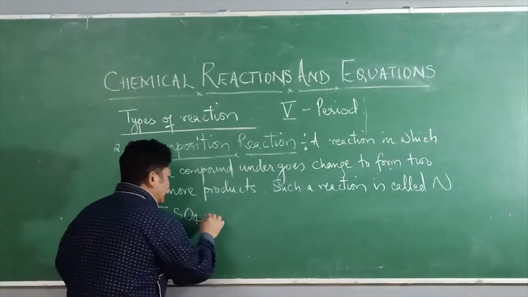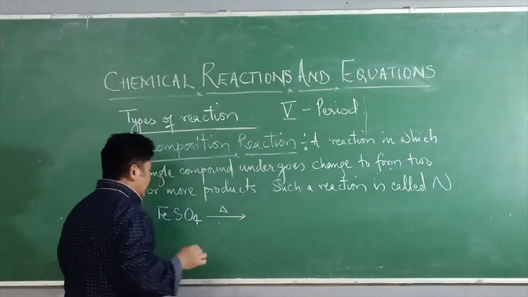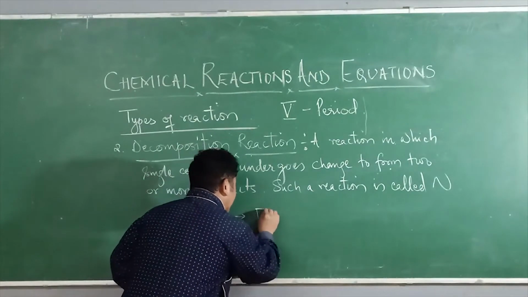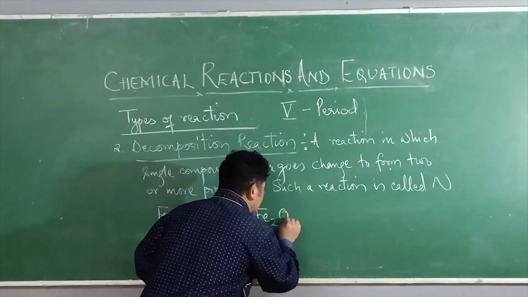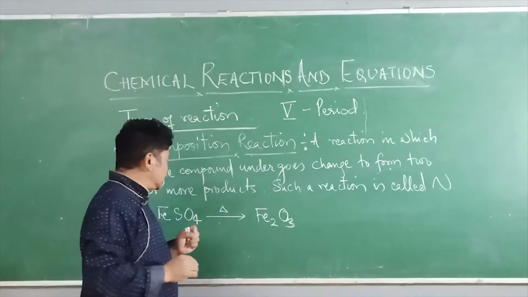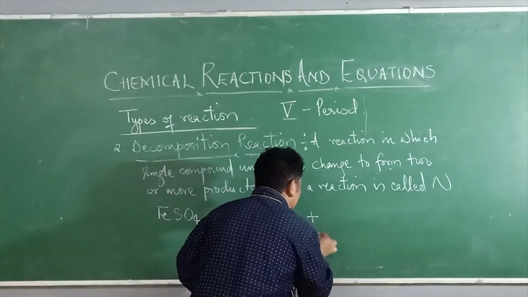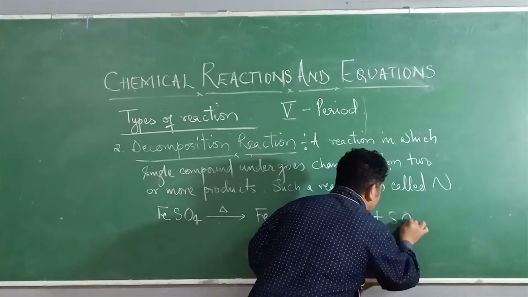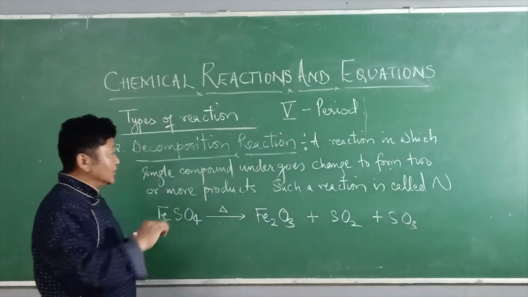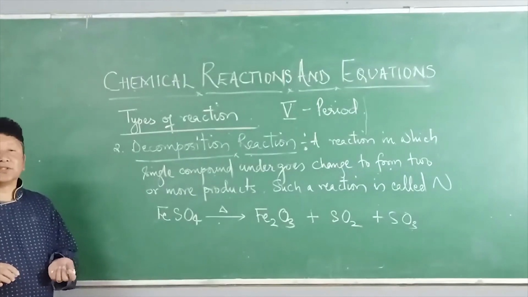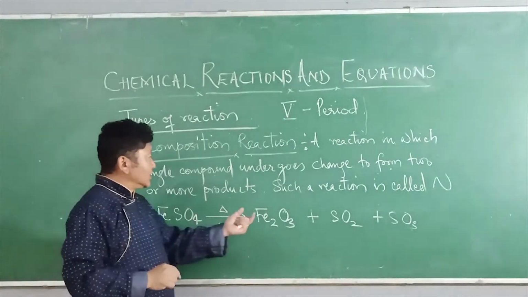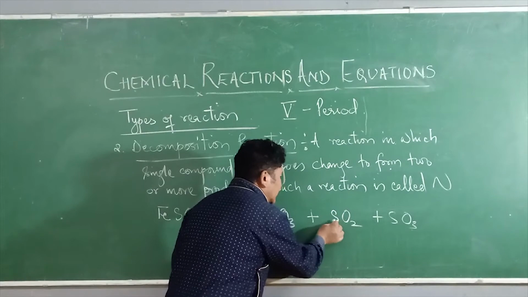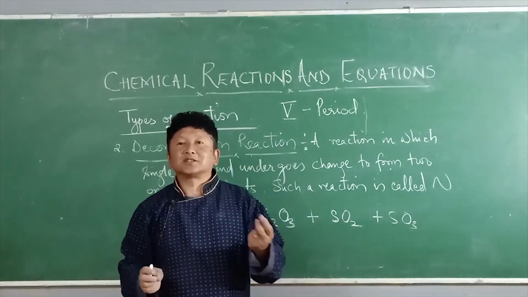When this ferrous sulfate is heated, we are going to get ferric oxide, and then there is an evolution of gases like sulfur dioxide and sulfur trioxide. In this evolution of gas, you will get a particular characteristic sulfur smell.